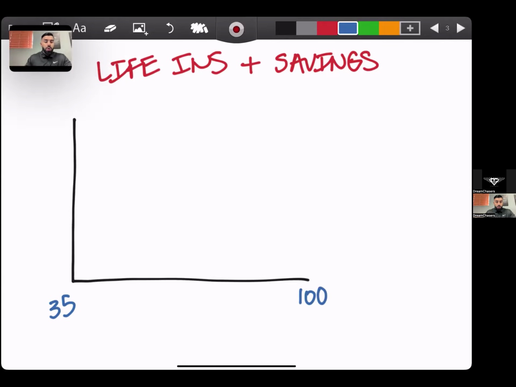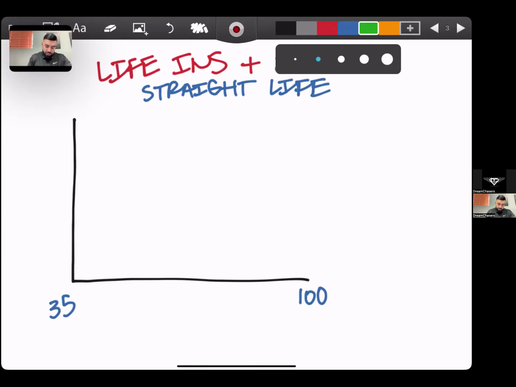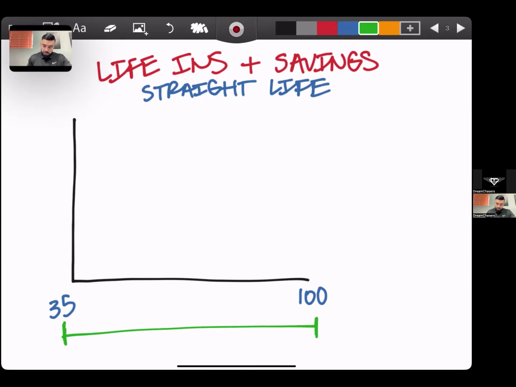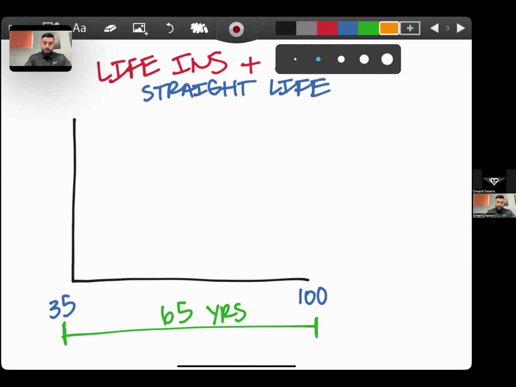So, from the moment you purchase the policy, when it is what is called straight life or ordinary life, you are going to pay from age 35 to age 100, which is 65 years that you're going to be making these monthly premium payments. So it's life insurance.